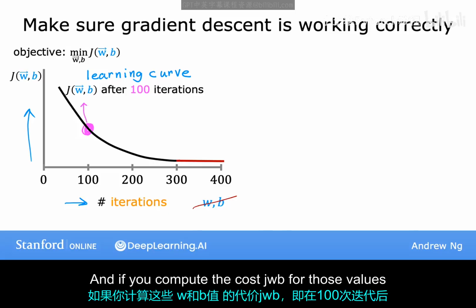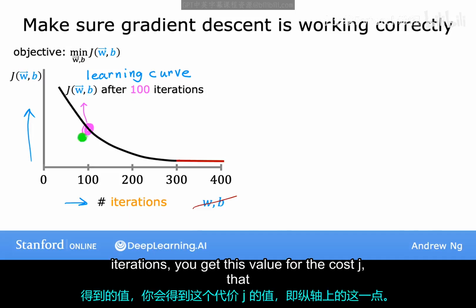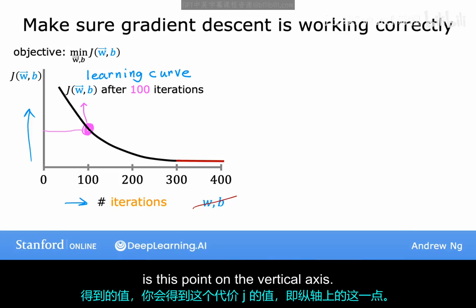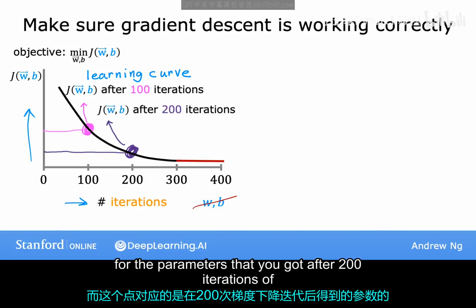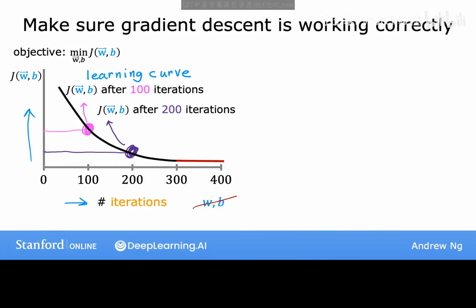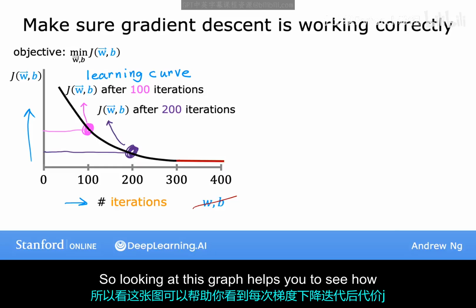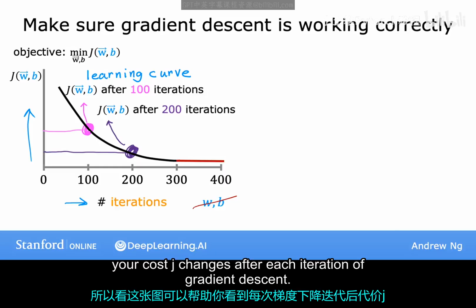And if you compute the cost J(w,b) for those values of w and b, the ones you got after 100 iterations, you get this value for the cost J, that is, this point on the vertical axis. And this point here corresponds to the value of J for the parameters that you got after 200 iterations of gradient descent.